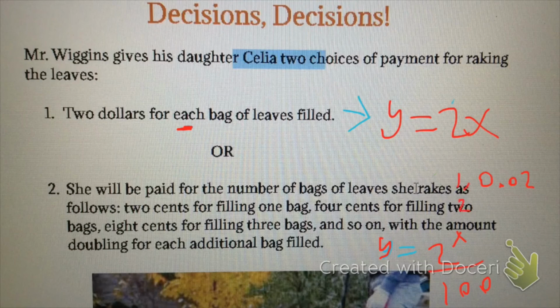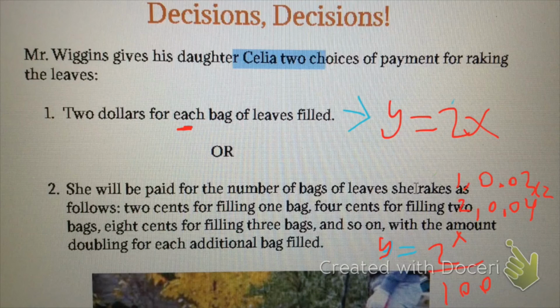And then 2 for 4, and 0.04 for 2, and just doubling, so times it by 2 basically. So it's times y by 2, and this will become an exponential function.